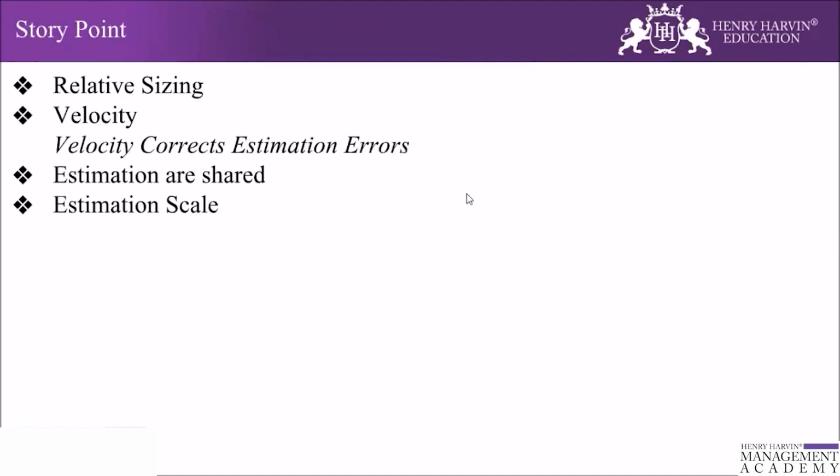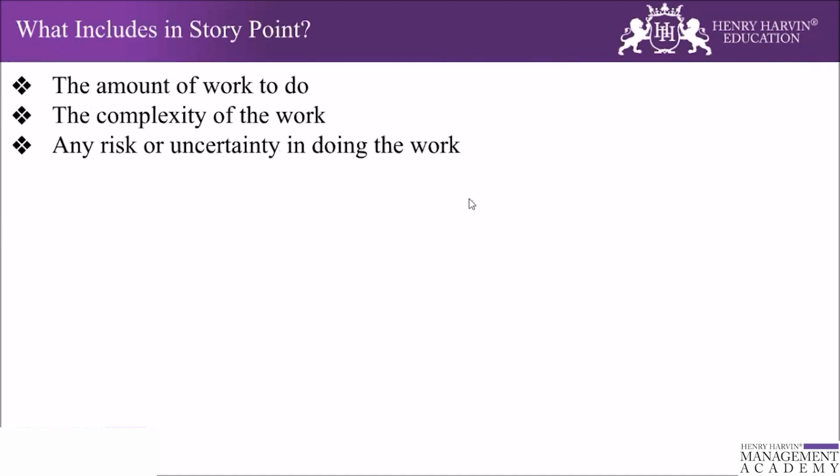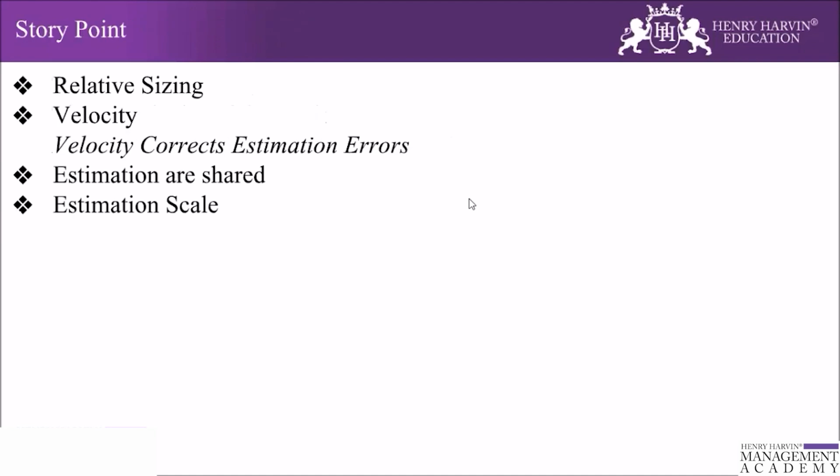So now here comes the story point, which we are going to understand: what a story point is and what it includes. The first important point is that story points are relative.